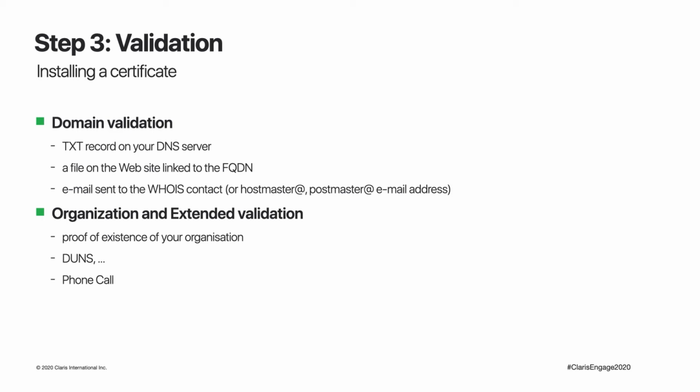Third option is you can get an email sent to the whois contact of your domain or to one of the email addresses starting with hostmaster or postmaster of your domain.